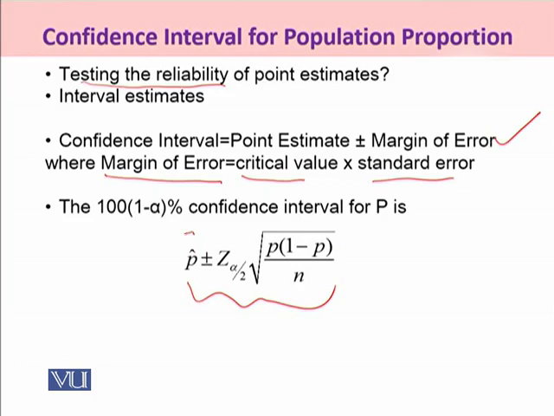So this P hat is the point estimate plus minus Z alpha by 2, which is the critical value. We will obtain it from the standard normal table. And finally, this is the standard error of the population proportion.